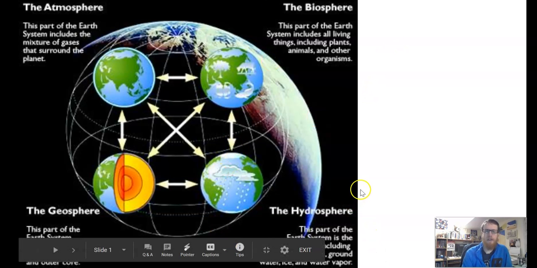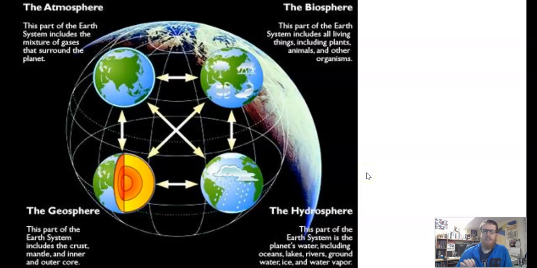The hydrosphere is the Earth's water. So it's obviously oceans, lakes, streams, but it also includes groundwater. It also includes ice, in the sense of glaciers, ice caps, things like that. And water vapor.